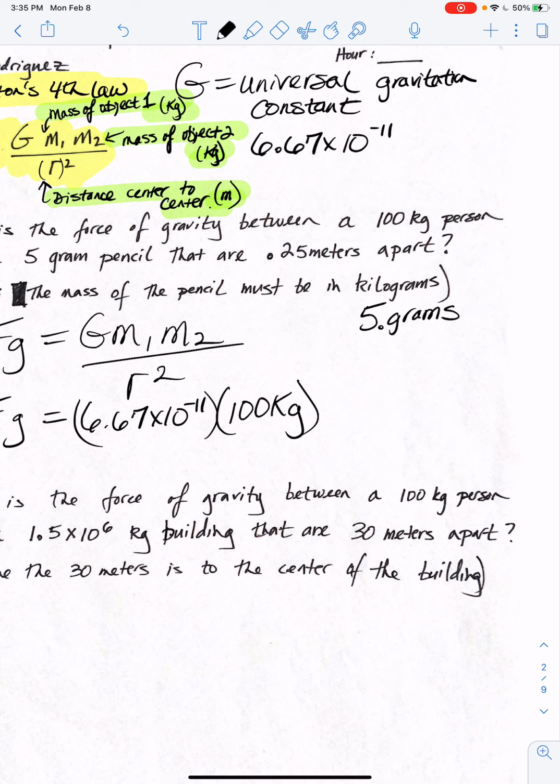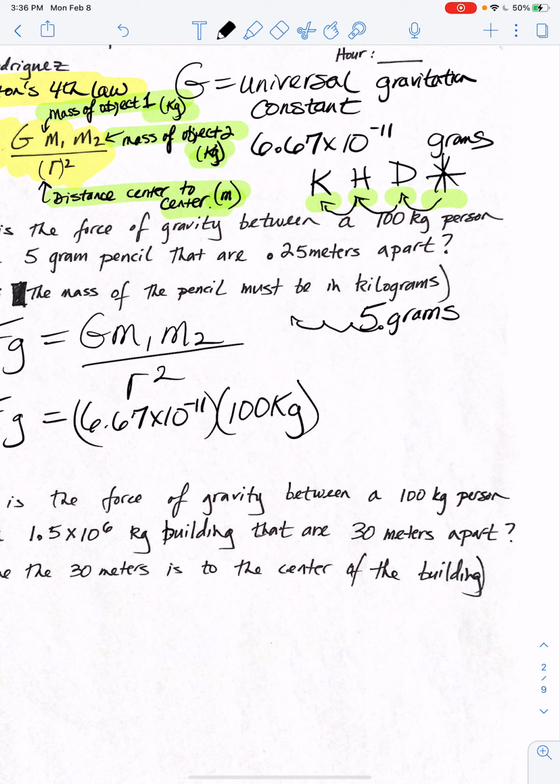Grams is here, we have deca, hecta, kilo. Start at grams: 1, 2, 3. So 3 to the left to get to kilograms. So we're saying 0.005 kilograms.